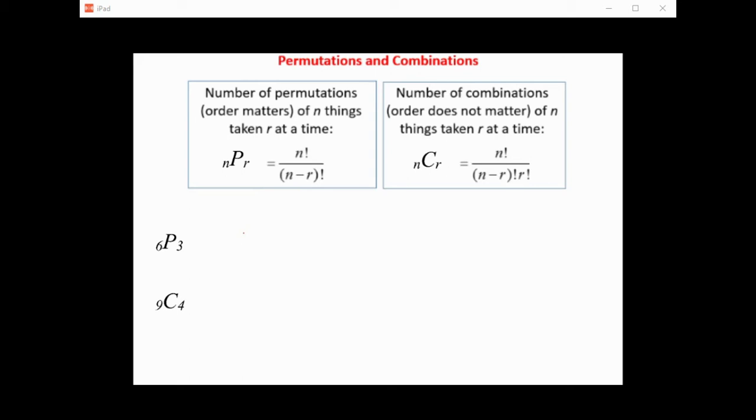A permutation is when you are choosing things that are different from each other or are in a specific order. A combination is when you're choosing things that are all the same or the order really doesn't matter.